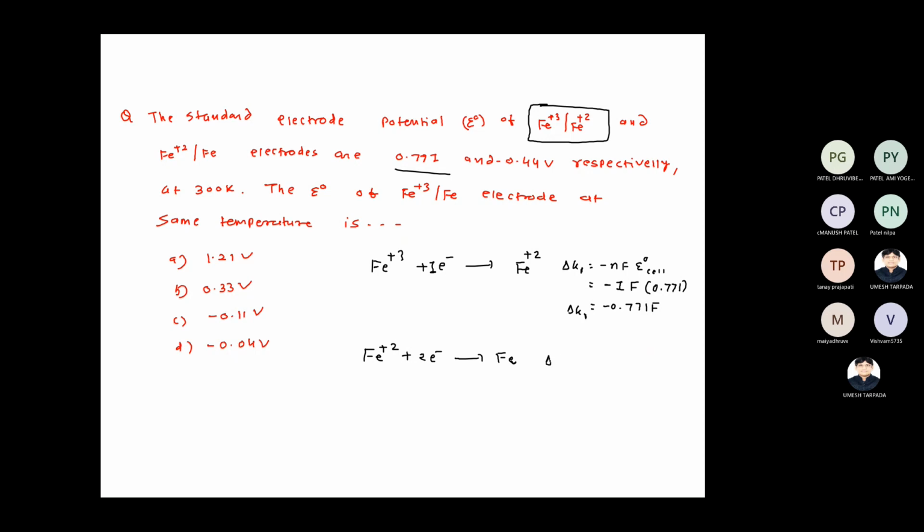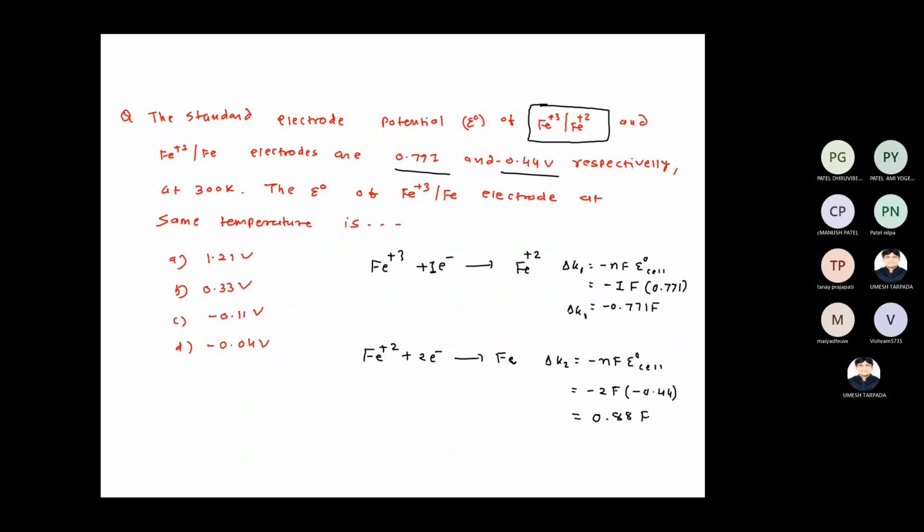So you can have delta G2 is equal to minus NFE cell, N is equal to 2 F. This cell value becomes minus 0.44. So it becomes 0.88 F.